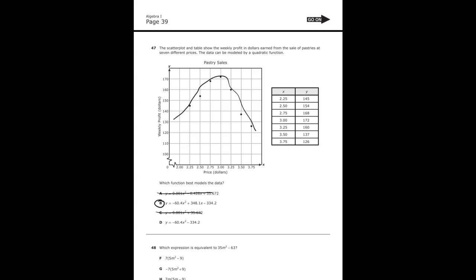This answer here, even without the calculator, what this is telling you, if we factor this out, it's going to be something like negative 60.4, and then you have x squared plus 5 or something like that, which probably will not work, because you cannot factor this.